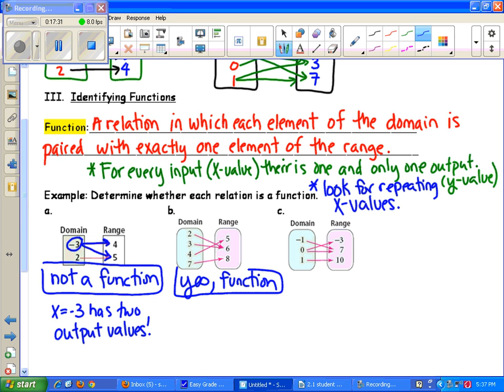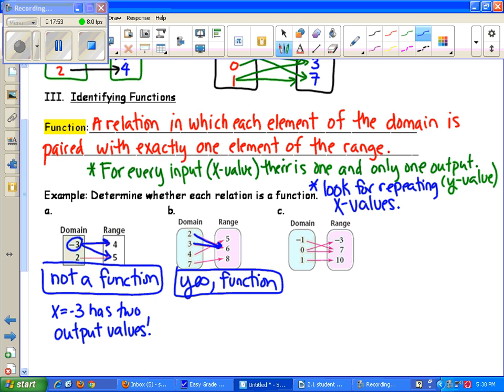And again, there are no repeating x values. Some of the x values do go to the same y value, like 3 goes to 6 and 2 goes to 6, but that's okay because you're allowed to have 2 x values go to the same y value. You just can't have an x value go to 2 different y values.